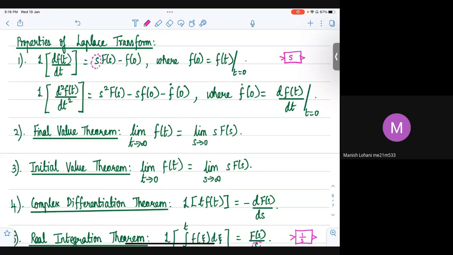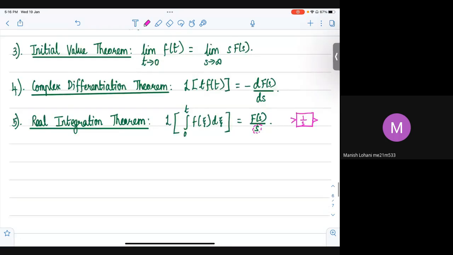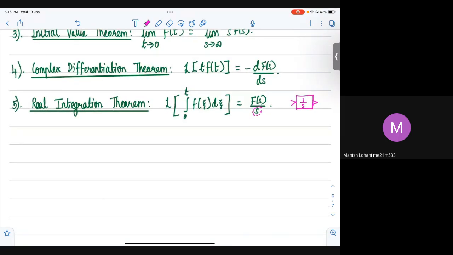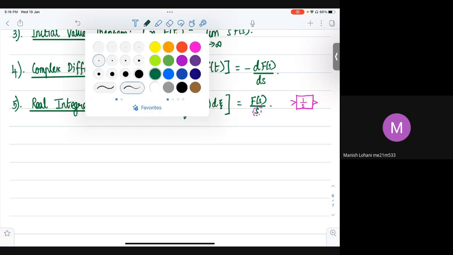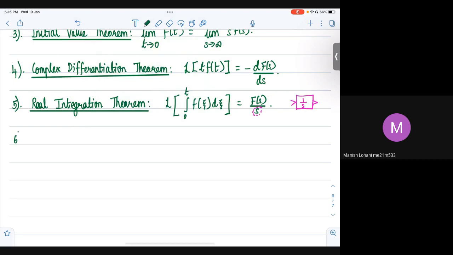When we take the derivative in the time domain, we are multiplying the signal by s in the complex domain. Similarly, when we are integrating in the time domain, we are dividing the corresponding complex valued function by s. I hope it's clear why we use those notations in this software.